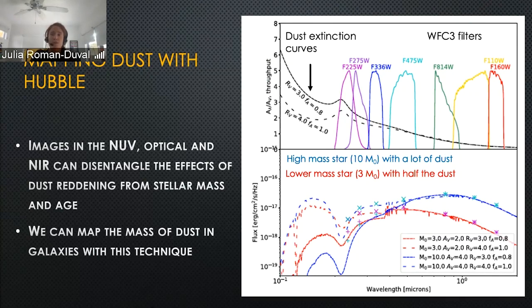The near infrared can constrain the stellar mass, while the near UV and optical will constrain how much dust is in front of those stars. And so using this method, we can actually get both the parameters of the stars and of the intervening interstellar dust that is reddening and making that star fainter.